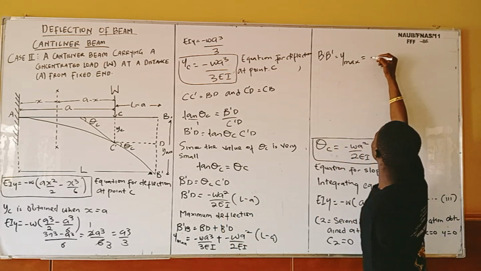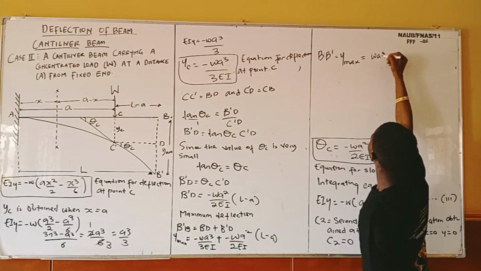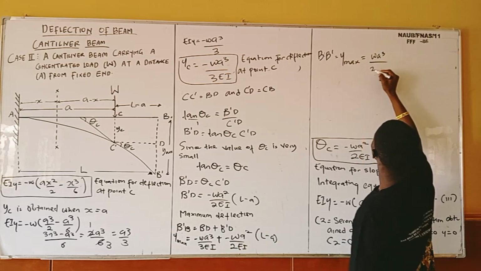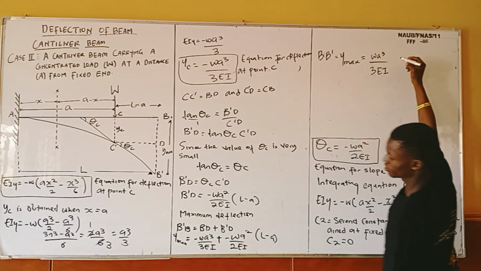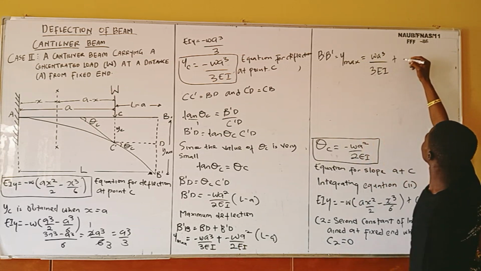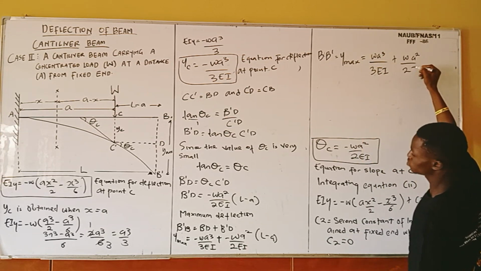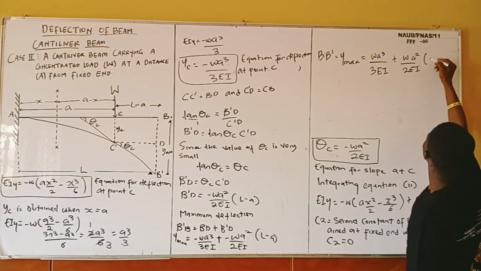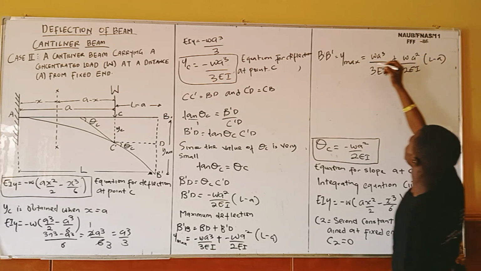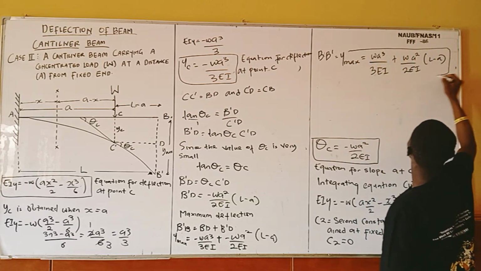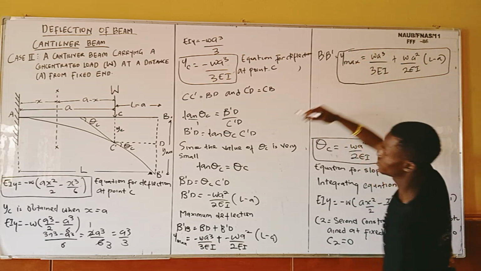So we have WA cube over 3EI plus WA square over 2EI L minus A. So this equation is the equation for maximum deflection at any section of this beam.